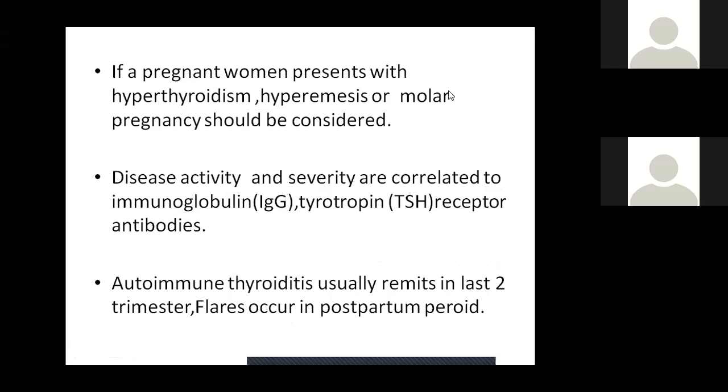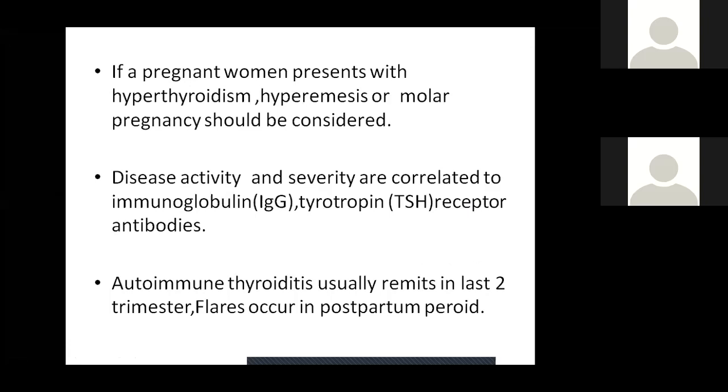So if the patient is having hyperemesis or molar pregnancy in which the levels of beta hCG will increase, there is also a concurrent increase in the thyroid levels, and the patient can have hyperthyroidism. But generally these patients are not given any treatment, and we just follow. Once the level of beta hCG decreases, then the level becomes normal.